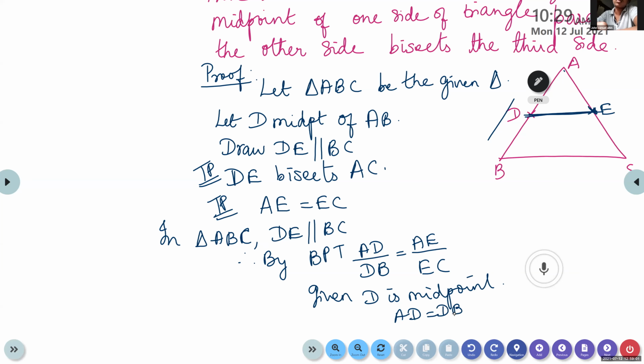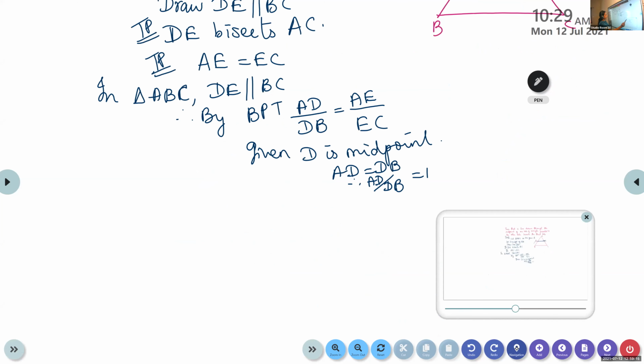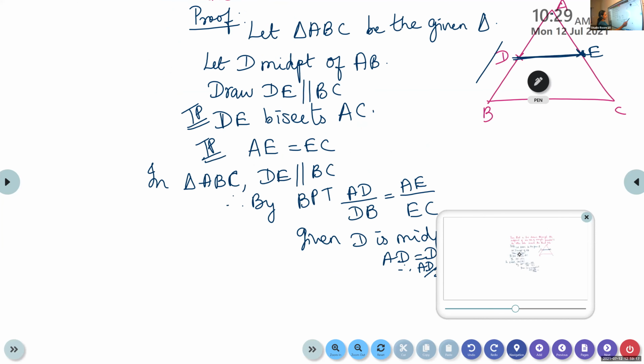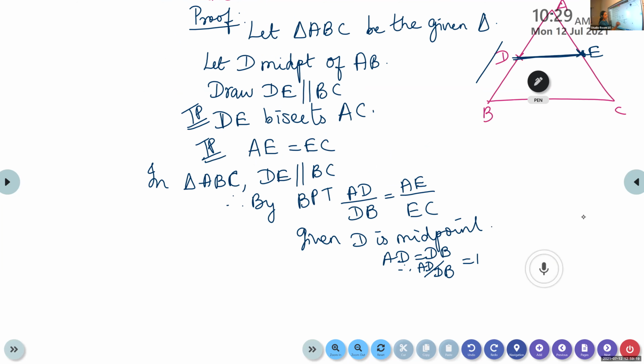So what is the ratio AD by DB? Will it be 1? Numerator and denominator are the same, so we can cancel it. Therefore, we get AD by DB is equal to 1, and so 1 is equal to AE by EC.